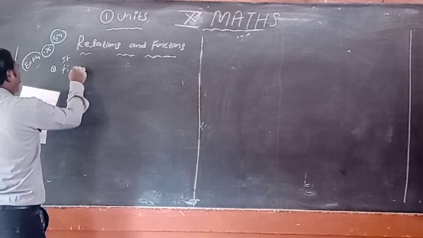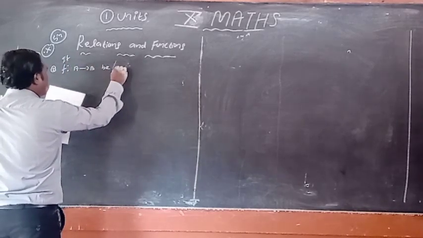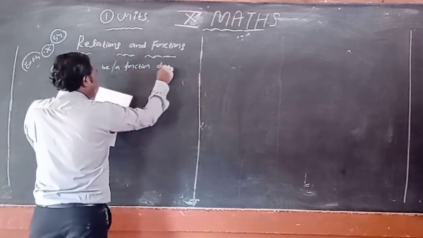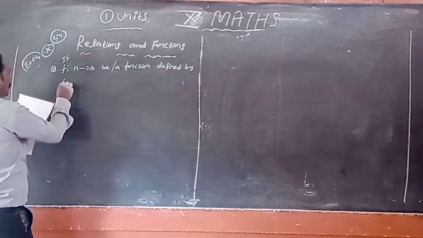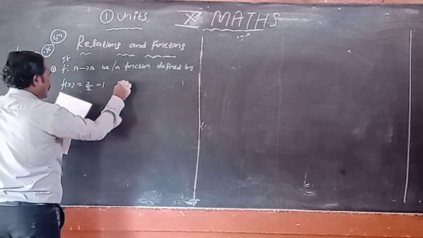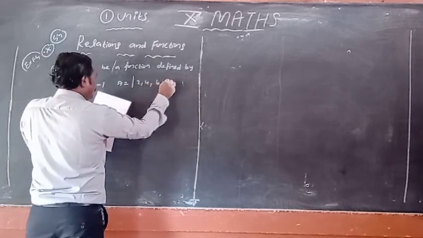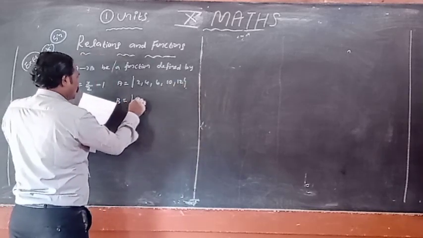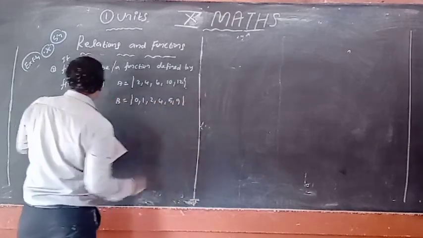According to the given data, f from A to B is a function defined by f of x equal to x by 2 minus 1, where A equal to {2, 4, 6, 10, 12} and B equal to {0, 1, 2, 4, 5, 9}.